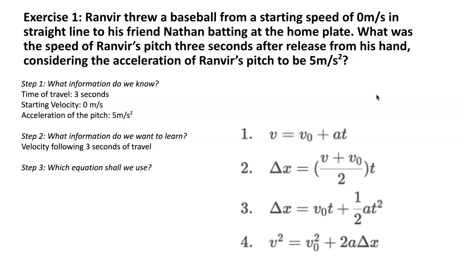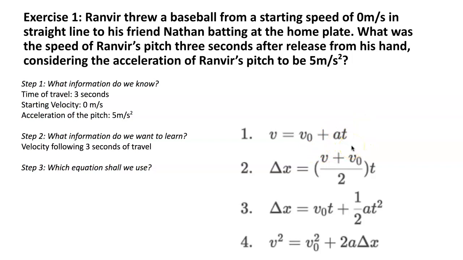The next step, once we know what we want and what we have, is to consider which equation to use. If we want to know the final velocity after a certain period of time, and we know the time of travel, the initial velocity, and the acceleration of the pitch, we would like the first equation, where we observe the final velocity, the starting velocity, the acceleration, and the time.